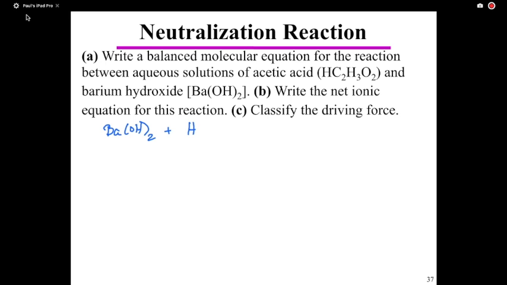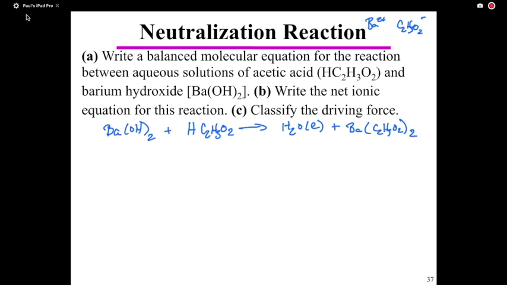This is called acetic acid, the acetate ion and a proton, but I do predict that the H and OH becomes water plus I get barium, that's a 2+. I get acetate, that's a 1-. So the compound is Ba(C2H3O2)2. I got 2 of those.